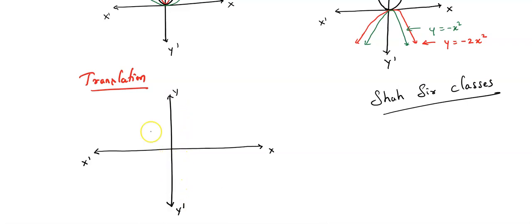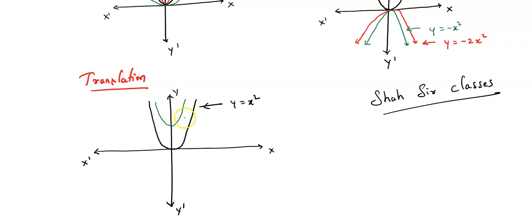Now I'm just showing. Now you can see a parabola curve of y equals x square. And then as you can see here, we have one more parabola curve.